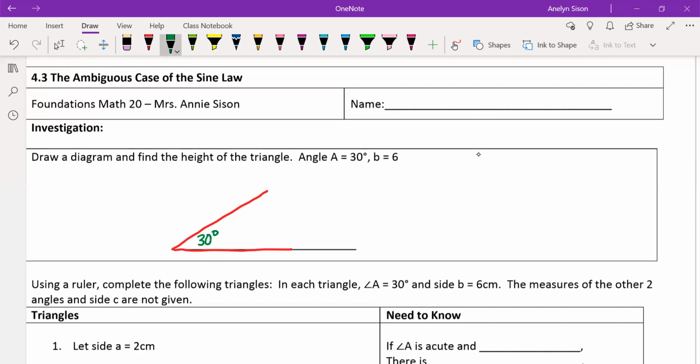So the angle that I'm given, I always plot it as the base left angle, because when you're going to do this later on your own, you're going to have to plot the angle that you're given there. So again, you want it to be the base left angle, just easier to read that way. In the ambiguous case of the sine law, that type of ambiguity only applies to side-side-angle.